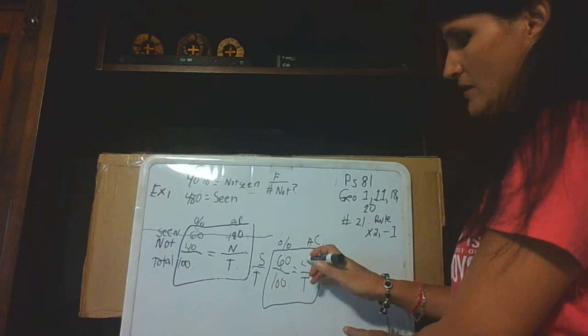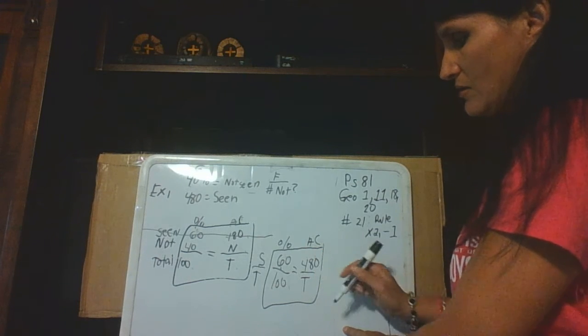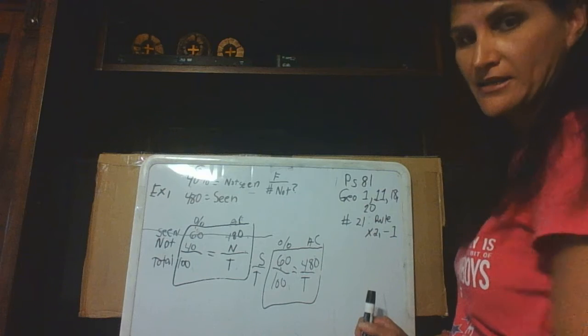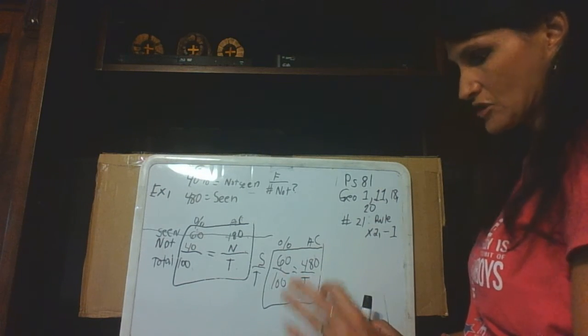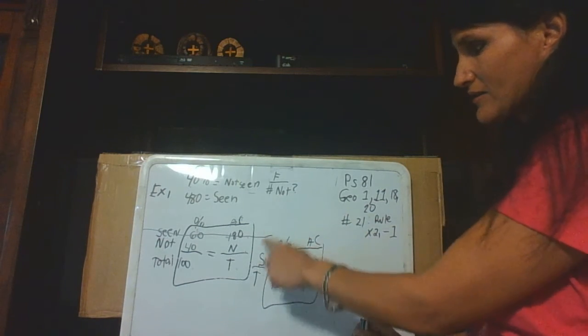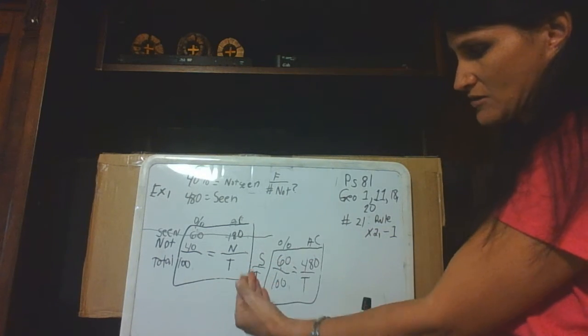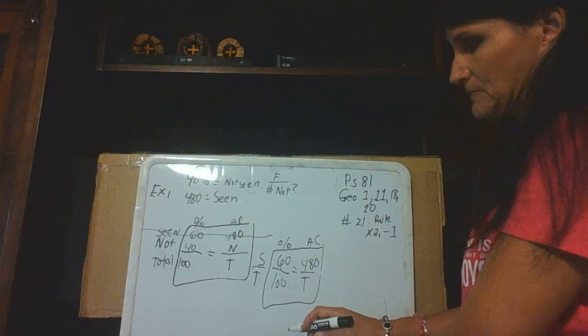Okay, 480. Now I see that I have 3 out of the numbers and 1 variable, and now I'm ready to solve. Just be careful because it's not answering the not question. This is the seen and the total. This is not the not. You'll have to do something else at the end for that.